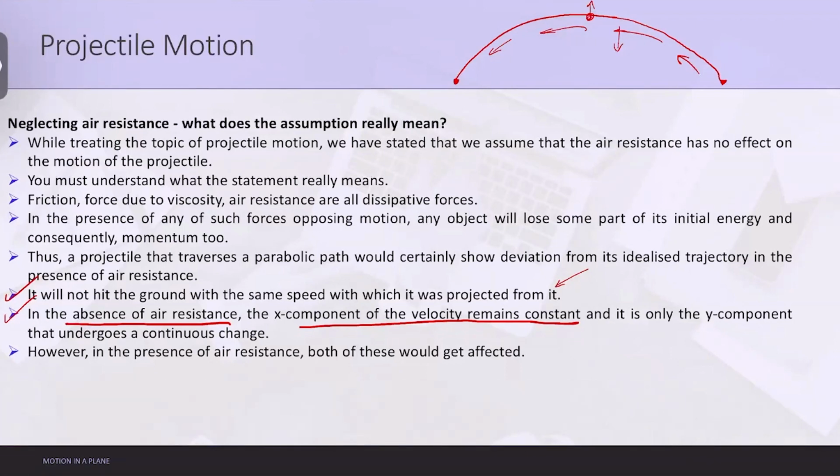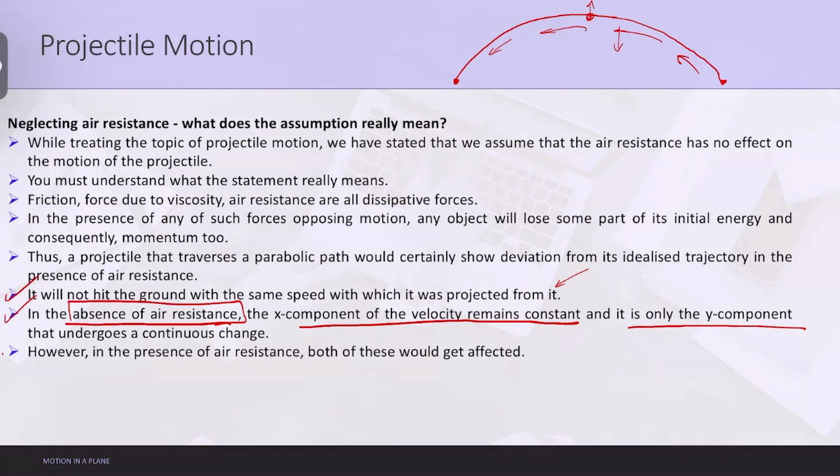Because of the acceleration, the y displacement has the term minus half g t square, and we got a value of minus g t in the y component of velocity, so it was continuously changing as long as there is an absence of air resistance.